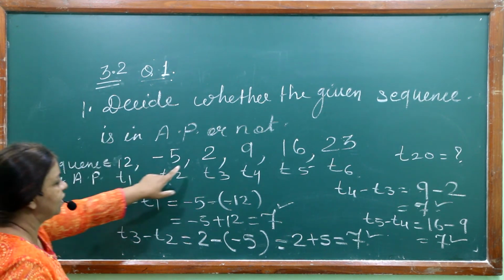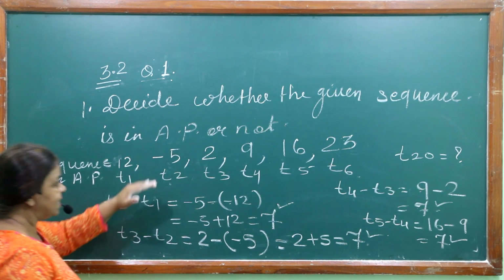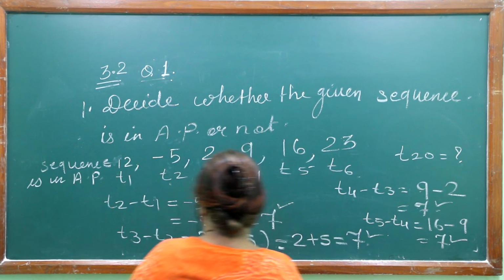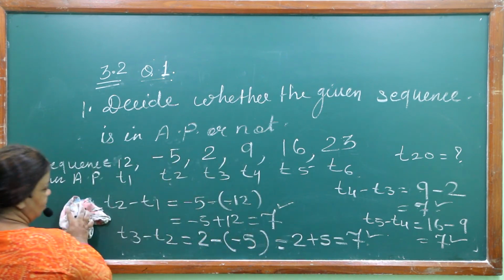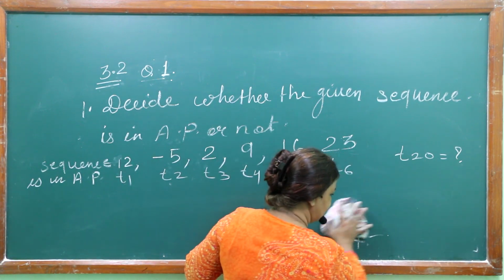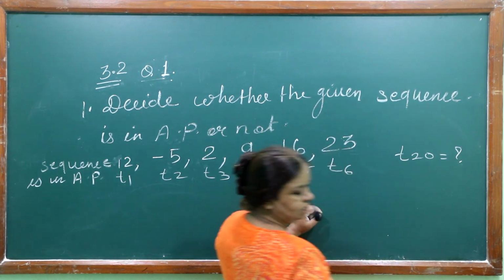Earlier we never got it in AP because there was a minus. Hence, as it is in AP, we have to find the 20th term. It is very easy to find. You can do it yourself after doing the 3.2 exercise.